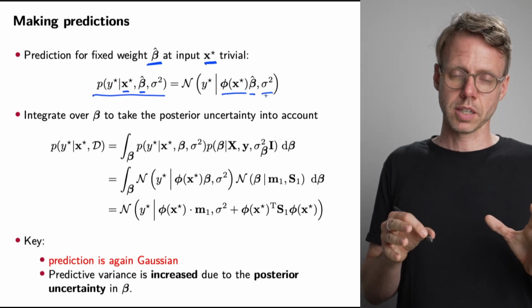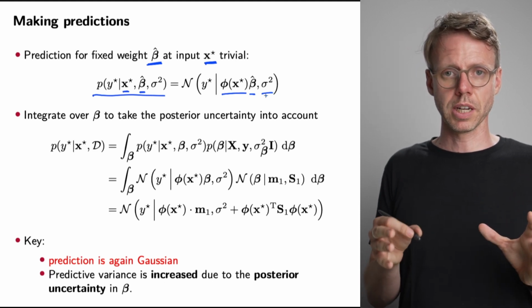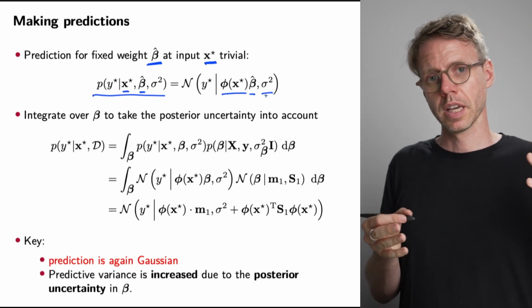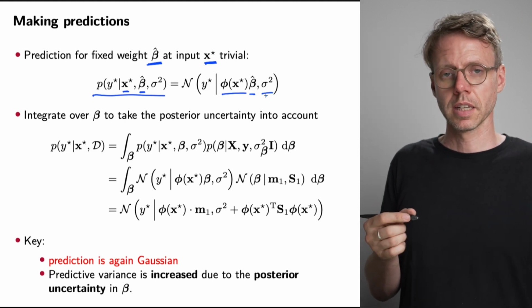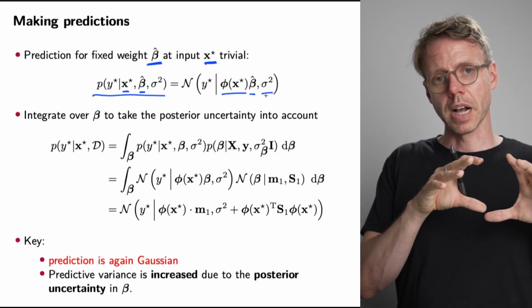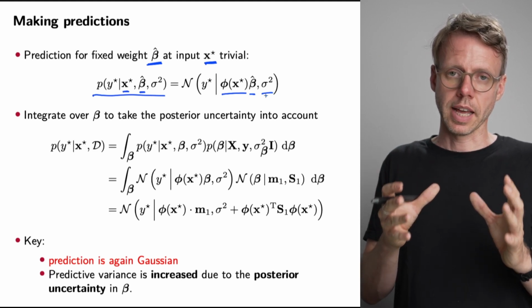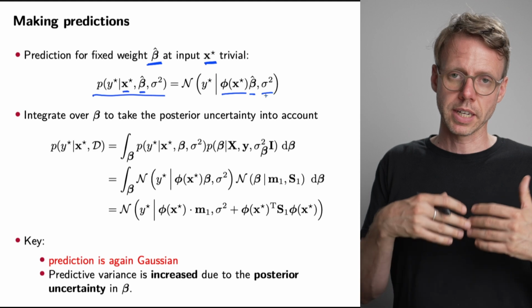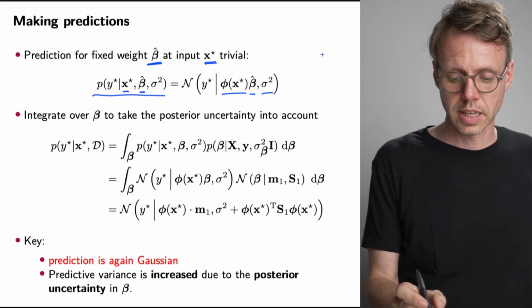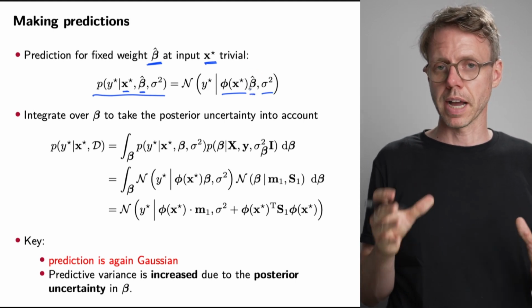Now, because we have a Bayesian posterior distribution, not just a single parameter estimate, we actually are able to model the uncertainty in our parameters and bring these over to our predictive distribution. Of course, this beta hat might not be correct.